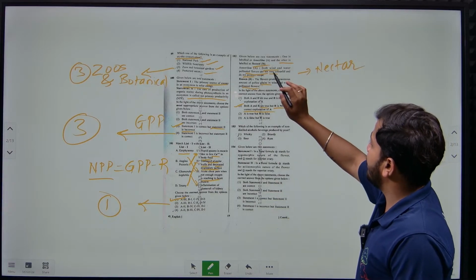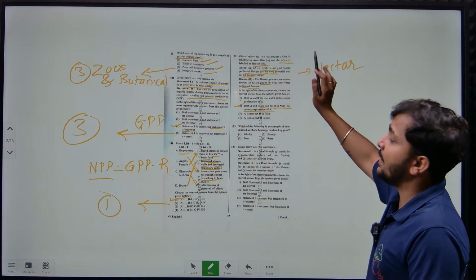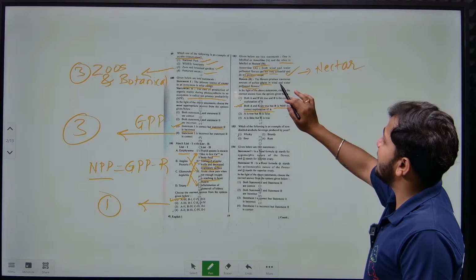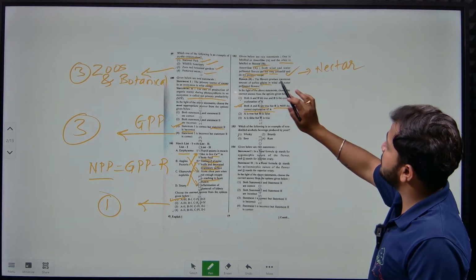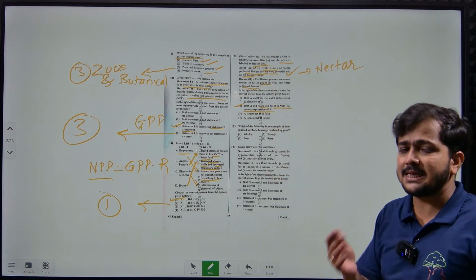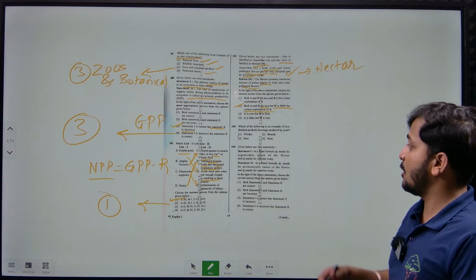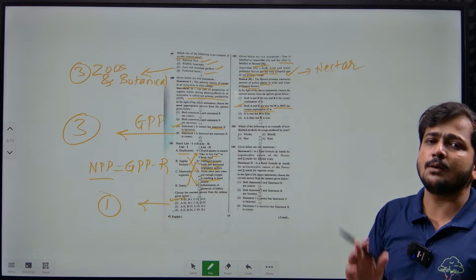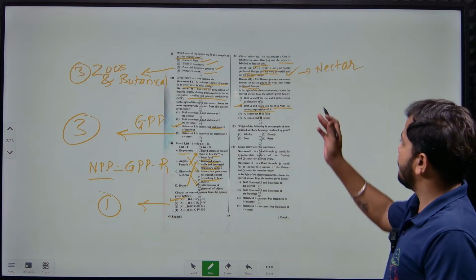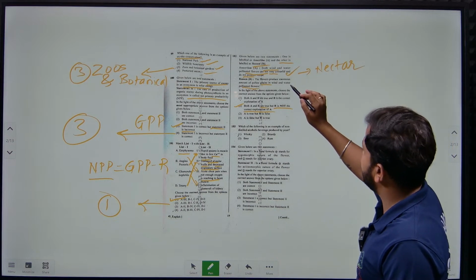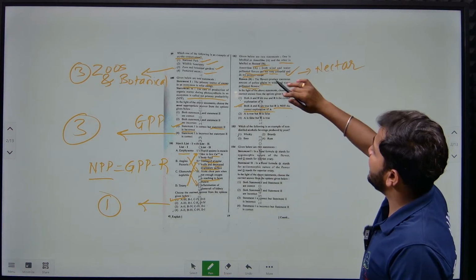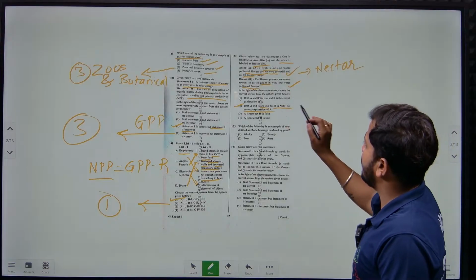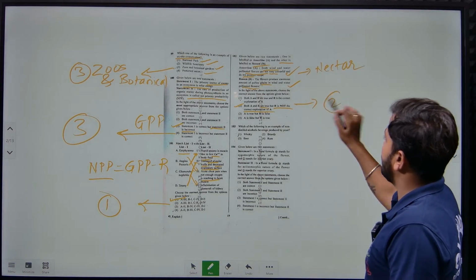It is not required with wind and water. So here assertion is correct. Then the reason says the flower produces enormous amount of pollen grains. Yes, definitely it is going to produce enormous amount of pollen grains, because during pollination some of the pollen grains will be lost. So because of that only, assertion and reason are correct, but reason is not related with respect to the assertion here. So according to that, option 2 is correct.